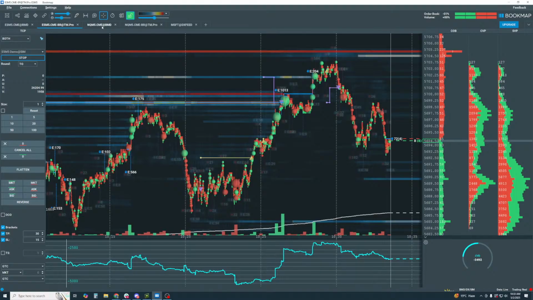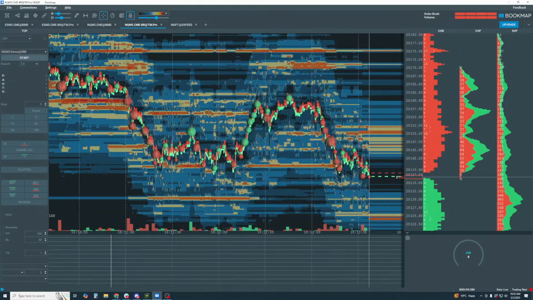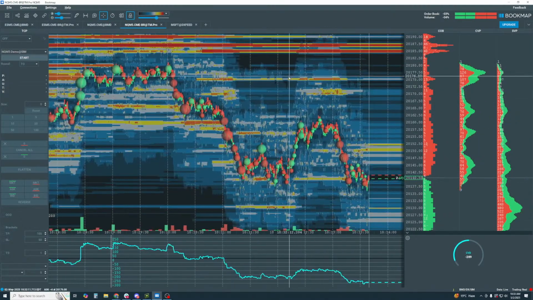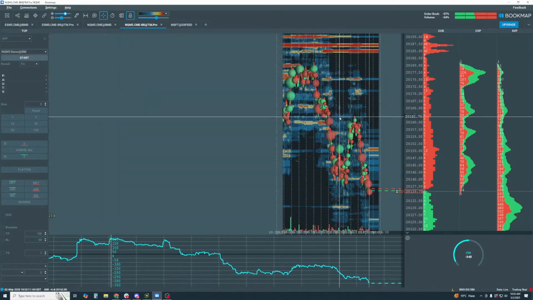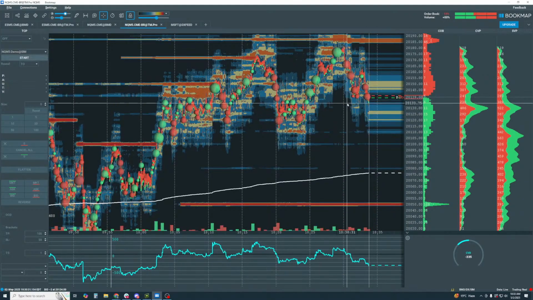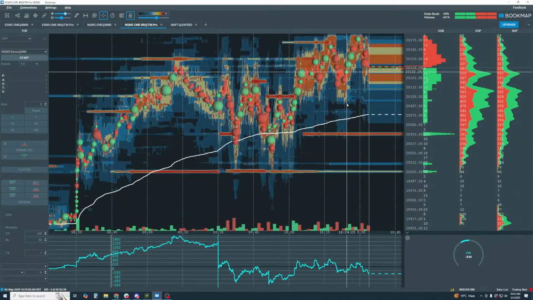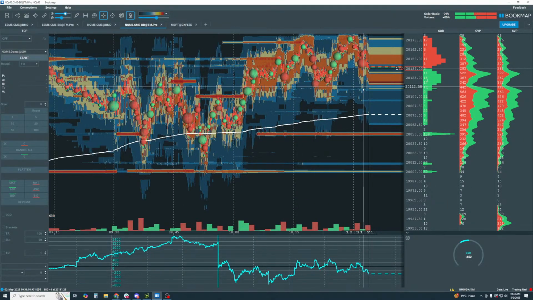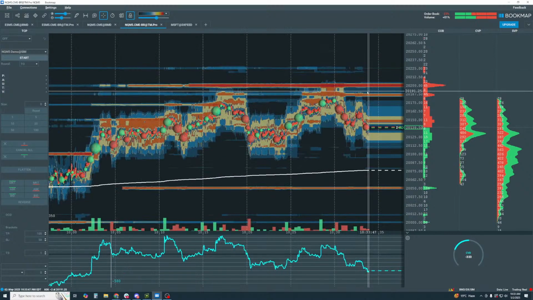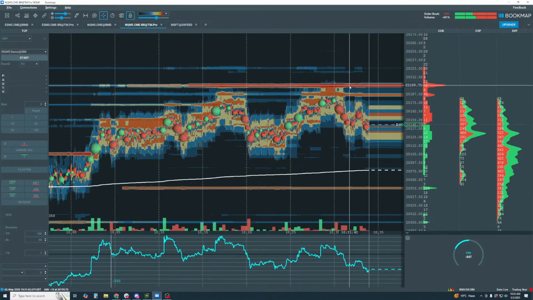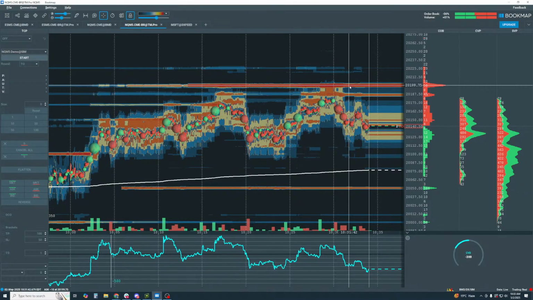And why don't we jump over to that NASDAQ? Okay. I'm going to filter the heat map a bit. Yeah, NASDAQ as well did not trade up to the high liquidity up here at 2200.